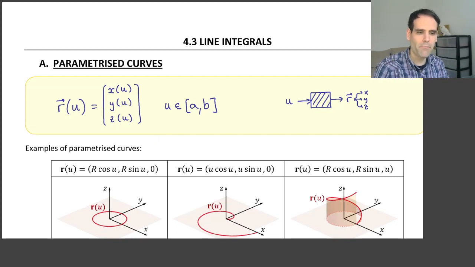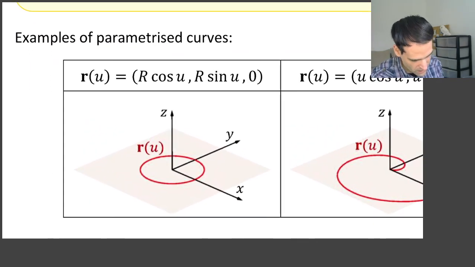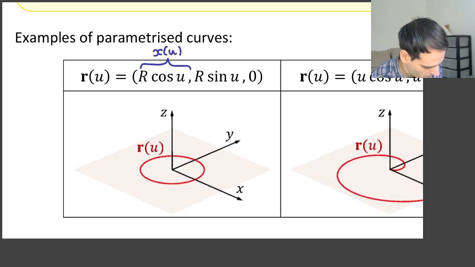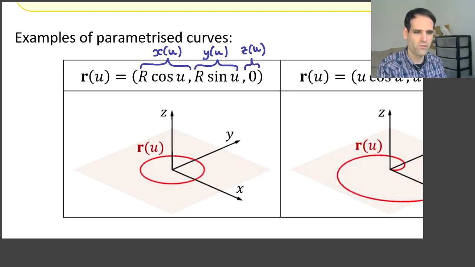Let's look at some actual equations and the example, the curve that they represent. So consider this vector r of u, where we have x of u, we have y of u, and we have z of u, which in this case is constant equal to 0, okay?